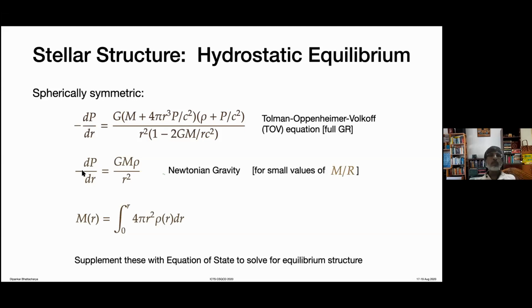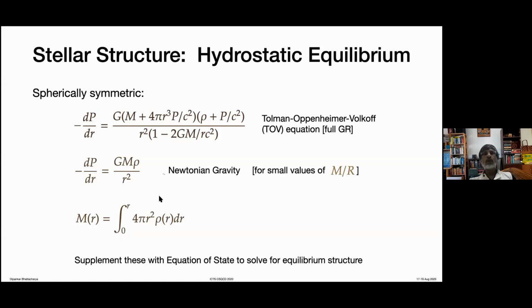So therefore, we need to supplement this equation by a relationship between pressure and density, and this relationship is called the equation of state. So once we have a relationship between pressure and density, it might involve other quantities like temperature.